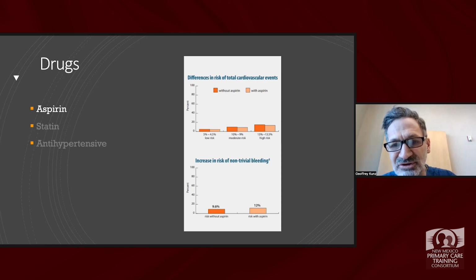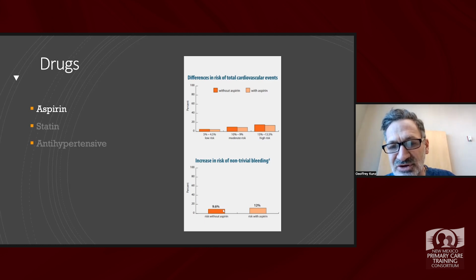Low overall risk, low actual risk reduction. Moderate risk patients have a little bit more of a benefit from aspirin. And like many of the things that we talk about, the higher the risk, the higher the absolute benefit in terms of risk reduction from an intervention. So there's a small drop in risk in the highest risk group, but that's at the cost of bleeding.